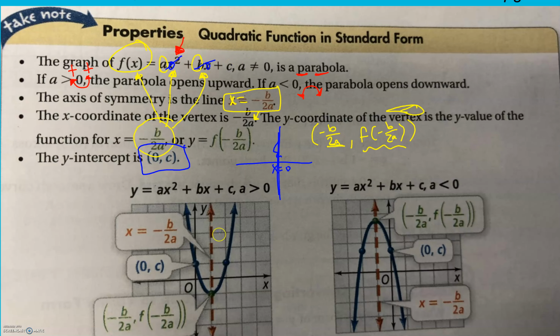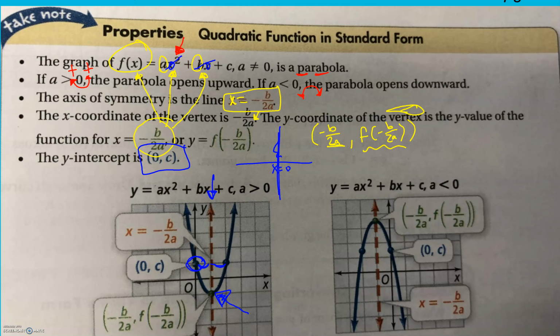So here they show our axis of symmetry is at negative b over 2a. We have a point on our y-intercept, and they've reflected that, meaning they went 1 unit away in the other direction. Okay, remember, axis of symmetry means both sides of our parabola are the same distance away, just in opposite directions.